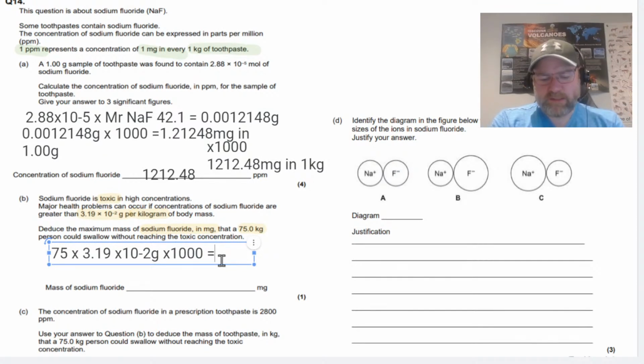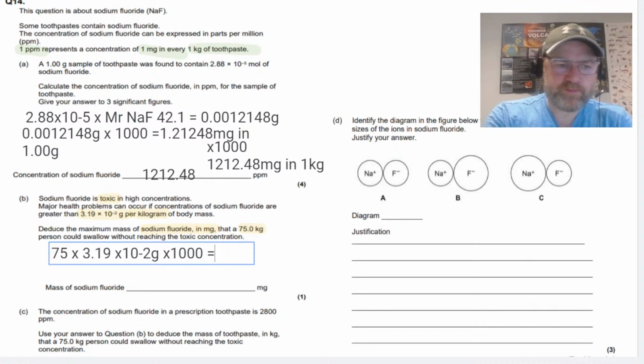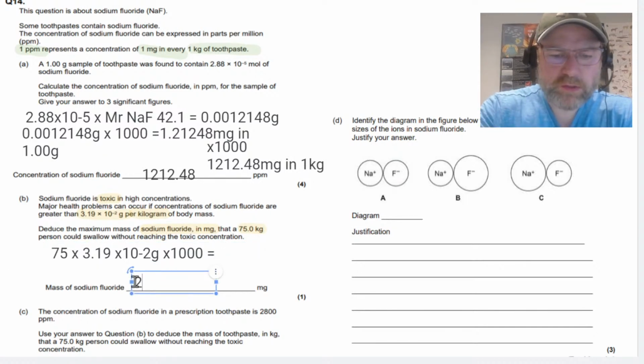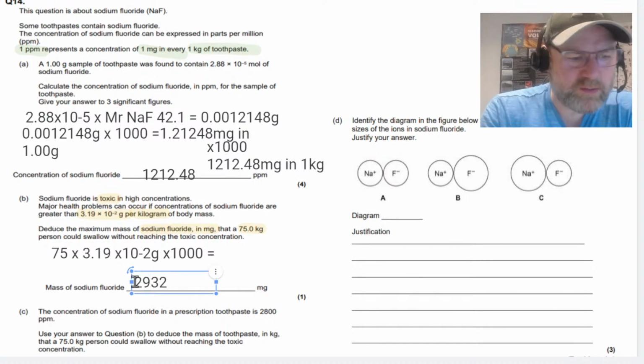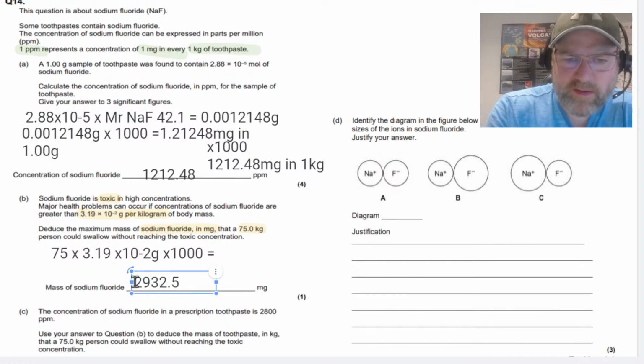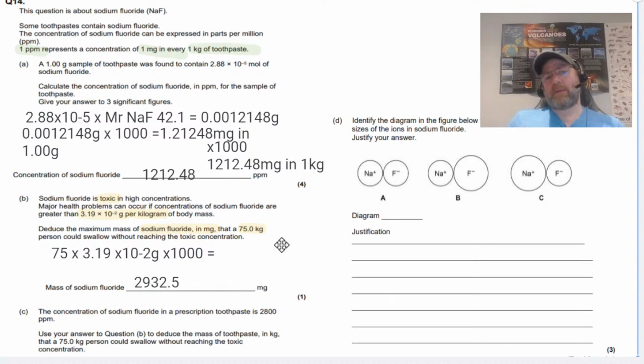So let's do that: 75 times 3.19 times 10 to the minus 2 times 1,000. Can my calculator handle it? They can swallow 2932.5 micrograms.